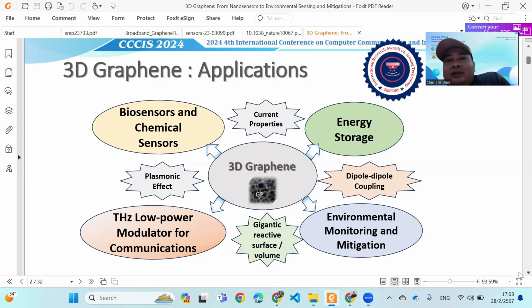So you can see that the application is very important, and it is very useful to use this material across a broad spectrum of applications, right?